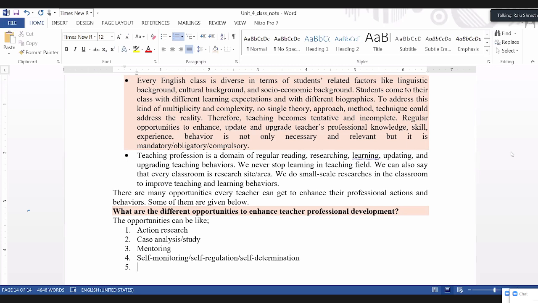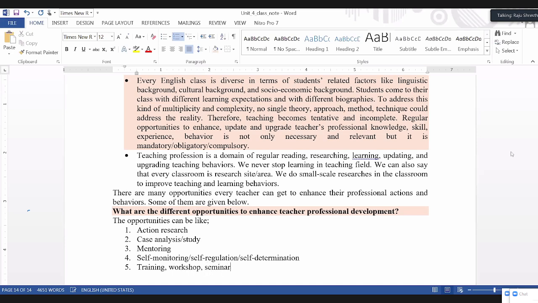Okay. Then action research we do, case study we do, mentoring we do, self-monitoring, self-regulation, self-determination we do. Then training we have. Regular training opportunities we have to provide to enhance their professional development. Training we organize different workshops, training workshop.